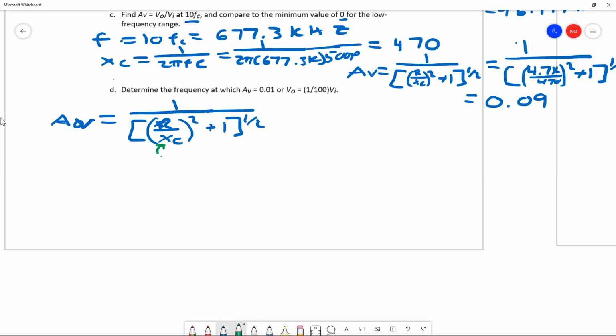So we plug in all these numbers. We have 0.01 equals 1 over the square root of (4.7K over XC) squared plus 1, with that to the 1/2 power. Then we'd want to plug it into our calculator using the number solver function.